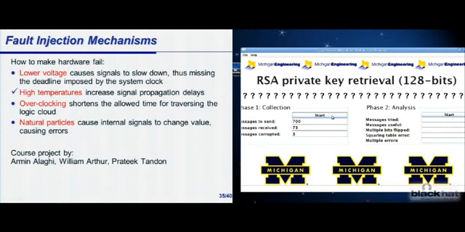Unfortunately, I think my voltage is a little bit too high. It's not doing a whole lot of mistakes. But this will take 2 or 3 minutes to run. I asked for 700 messages. My hope was to decrypt the entire key. We'll see how many we get and what we can decrypt. I can possibly, if there is time, do another run at the end with a slightly lower voltage to try to get more erroneous messages.